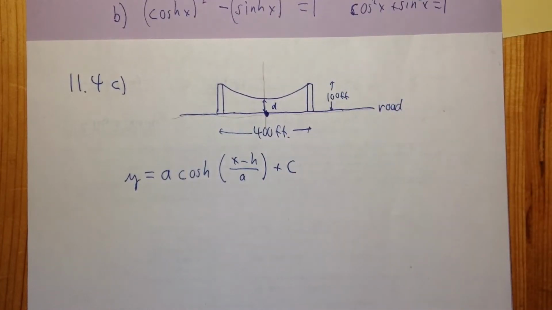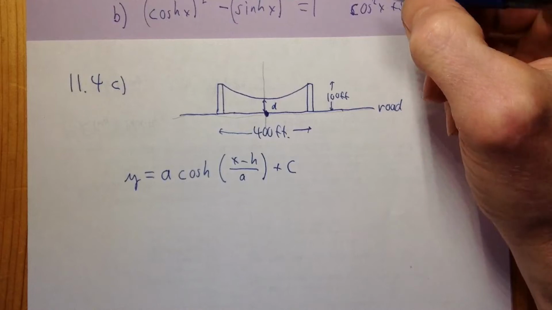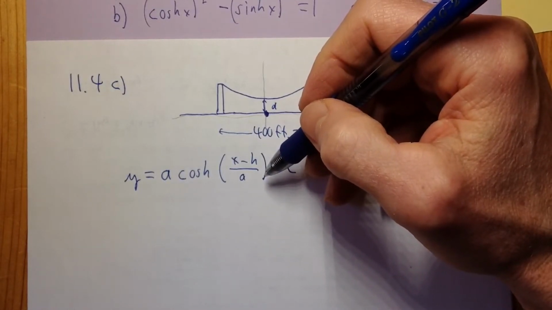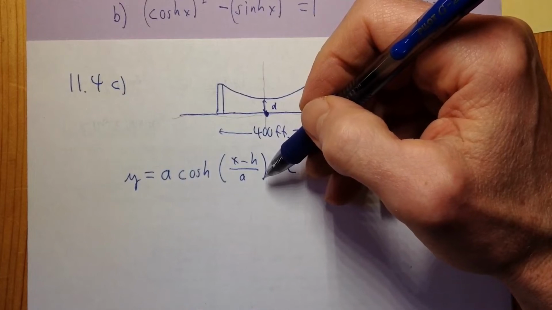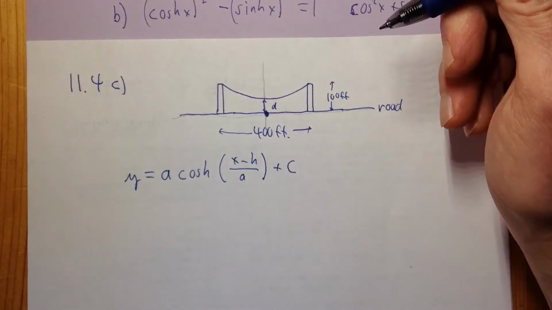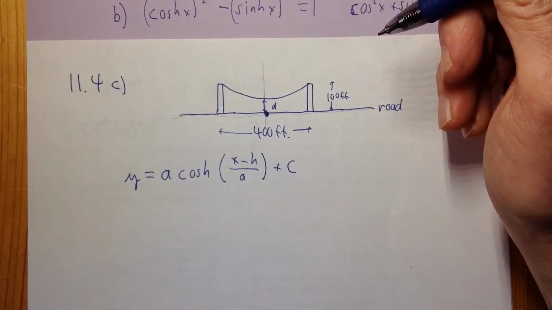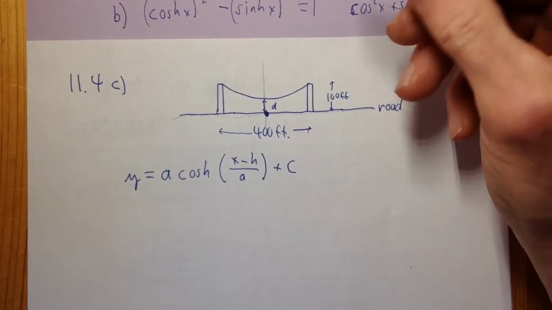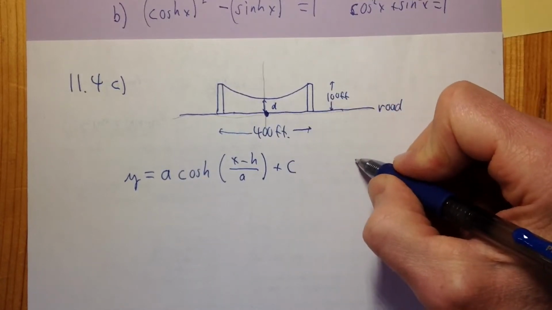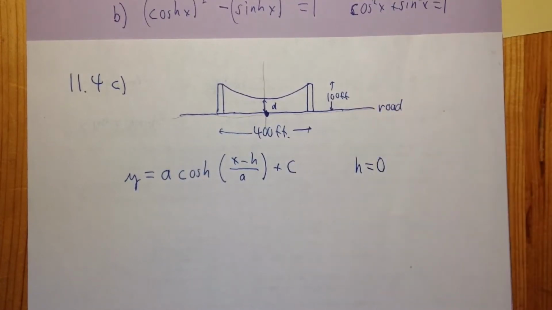So that will be our origin there, and if we do that, then h is equal to 0. So that's always nice. Right, so then h would be equal to 0.